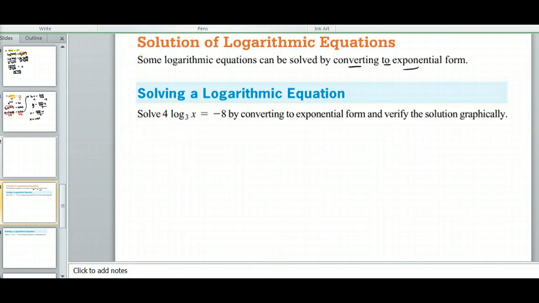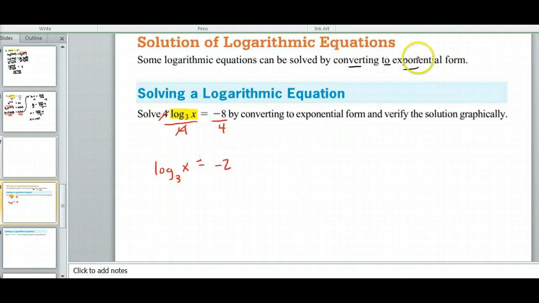So just like before when we were doing exponential equations, we isolated the exponential. We're going to isolate the log here. So I'm going to divide both sides by 4, and I get the log base 3 of x equals 2.